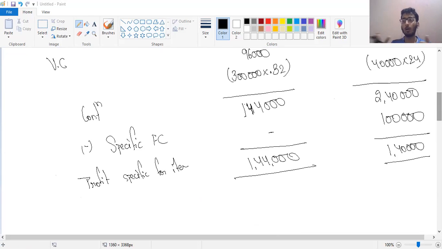By selling the complete 3 lakh bottles, I am able to make 1,44,000 rupees. By selling 40,000 toys, I am able to make 1,40,000 rupees. Okay. Just check one thing.